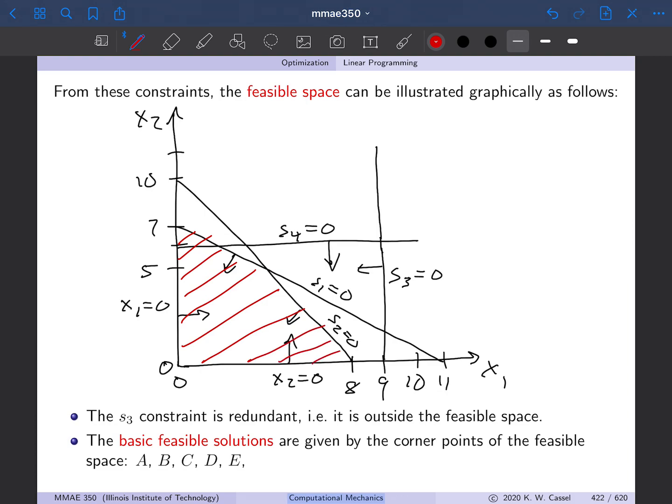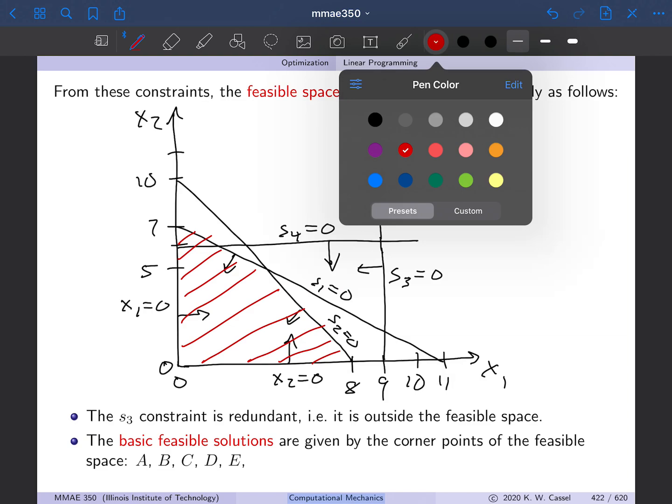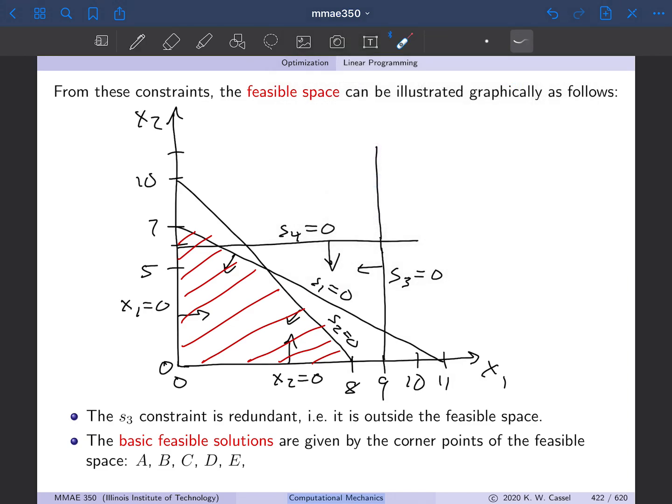So that's the region where all of the constraints are satisfied. And what you'll notice is for the S3 equals 0, it doesn't impact that space at all. So we say it's redundant. It doesn't actually add anything in terms of limiting the feasible space.